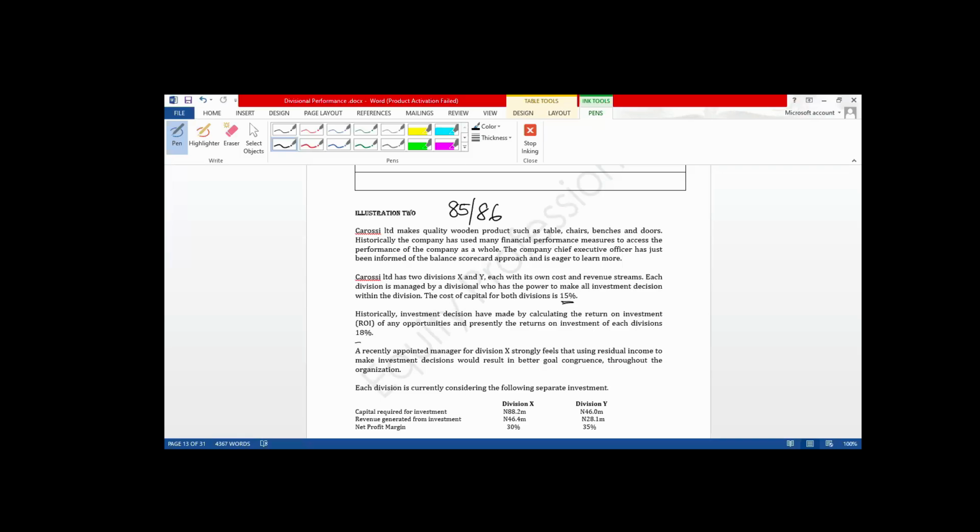Carosi Limited has two divisions, X and Y, each with its own cost and revenue stream.